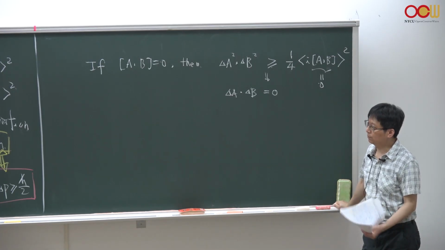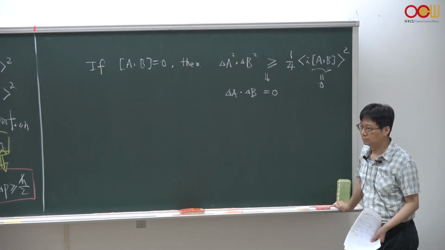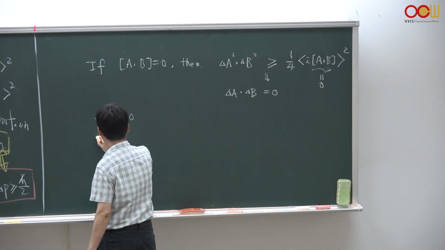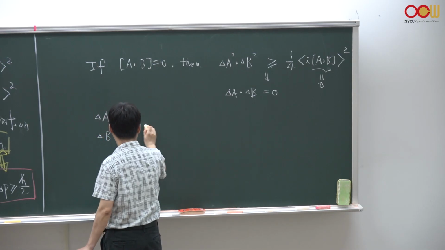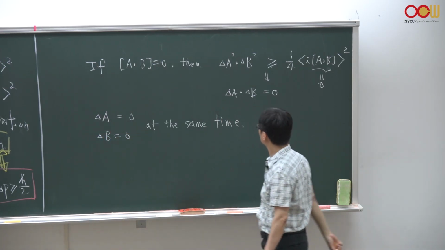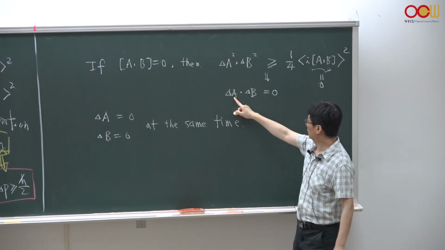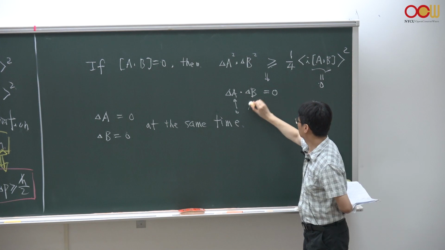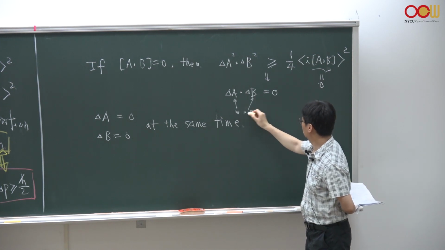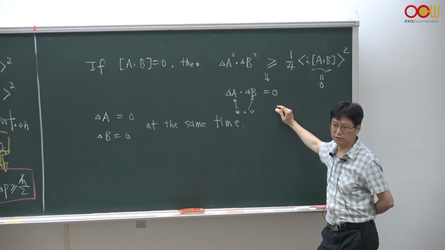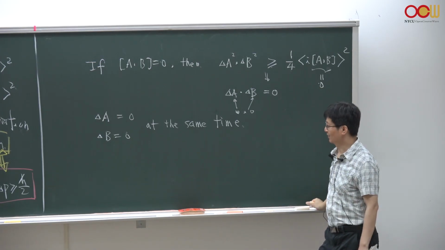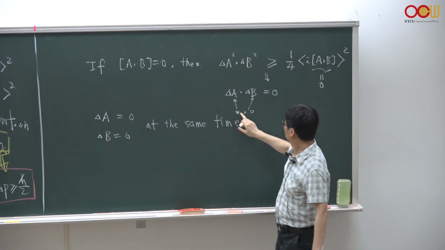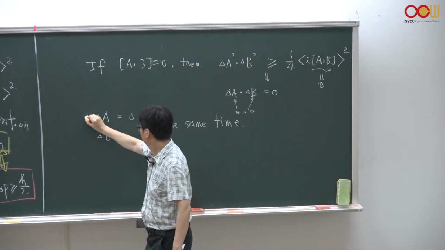If the product of two error bars can be 0, then both delta A and delta B can be 0 at the same time. Then 0 times 0 is again 0, so we satisfy the so-called Heisenberg uncertainty relation, but there is no uncertainty because delta A is 0 and delta B is also 0.